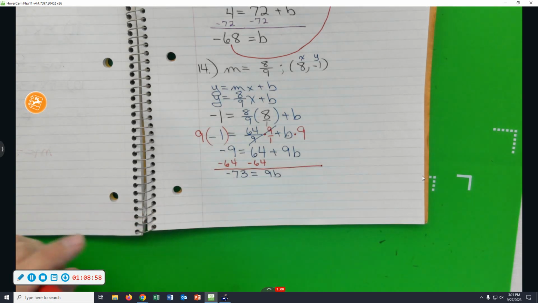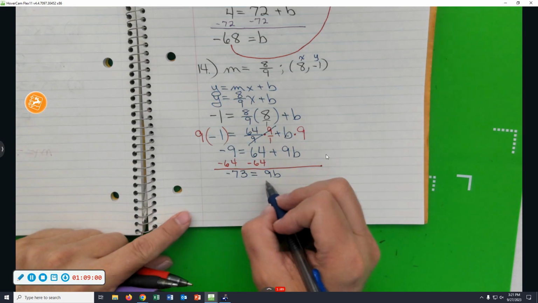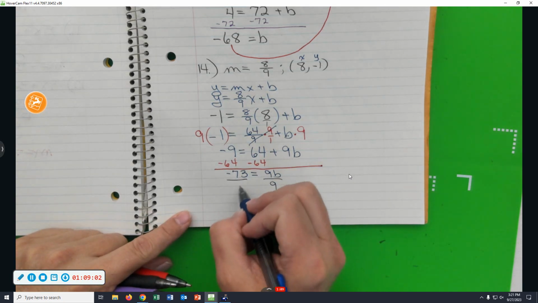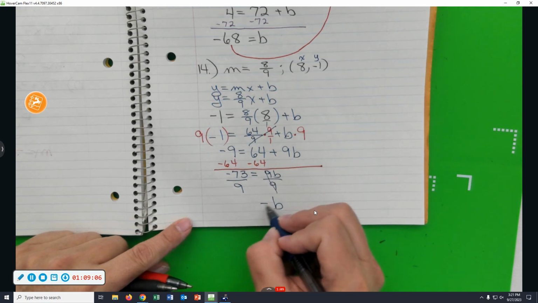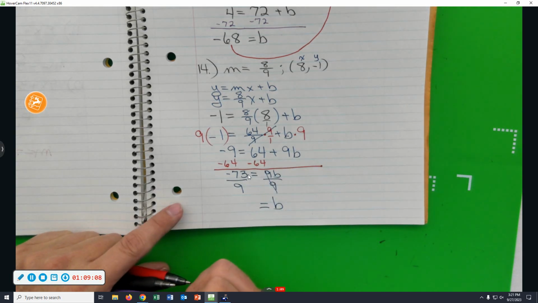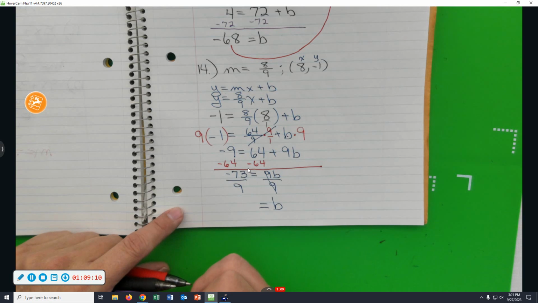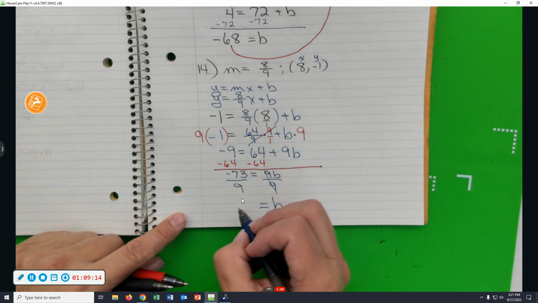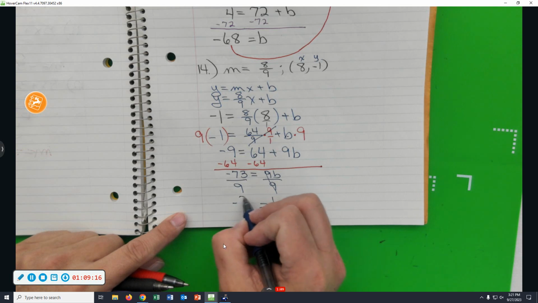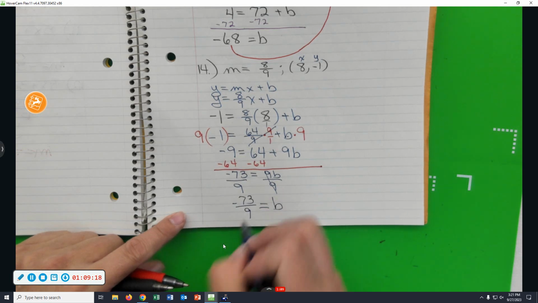And then divide by 9, and we're getting our b value. b is equal to, can we reduce 73 over 9? I don't think there's anything I can divide above and below by. I think 73 is a prime number.